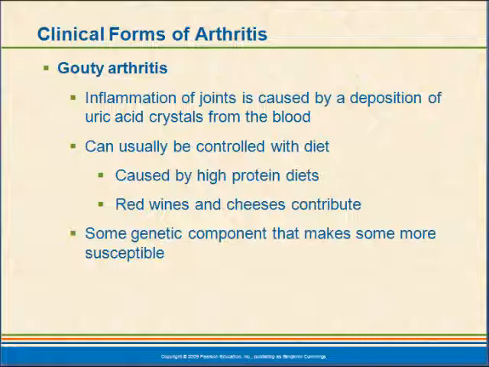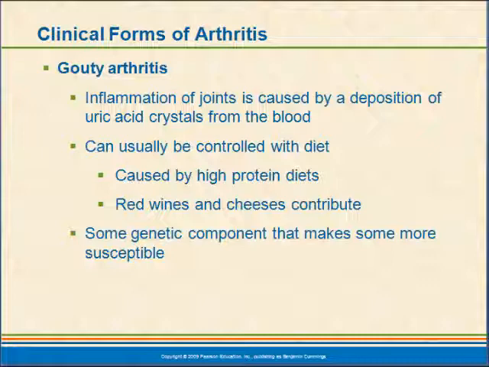It used to be known as sort of a royal disease because people who drink lots of red wines, eat lots of cheeses and meats will get this, and that was the diet of royalty. Royalty did not eat vegetables because it came from the earth.